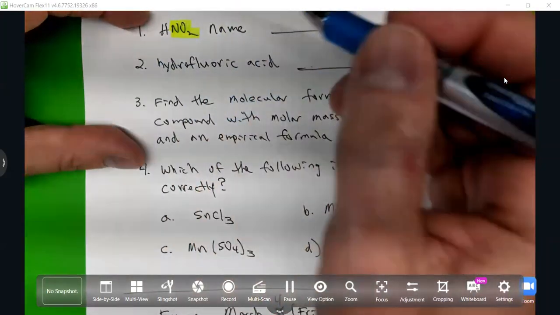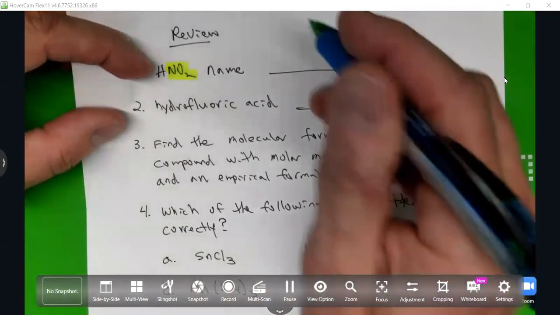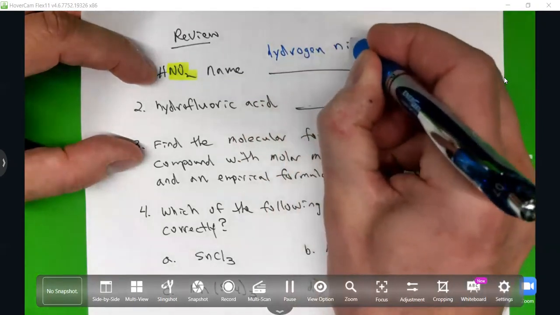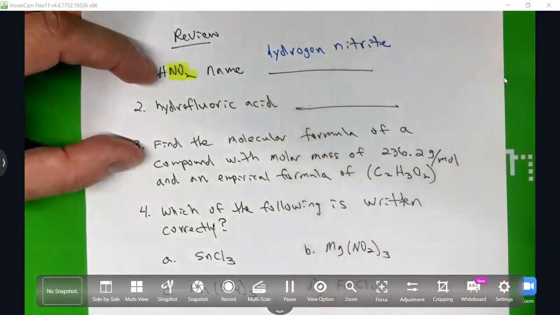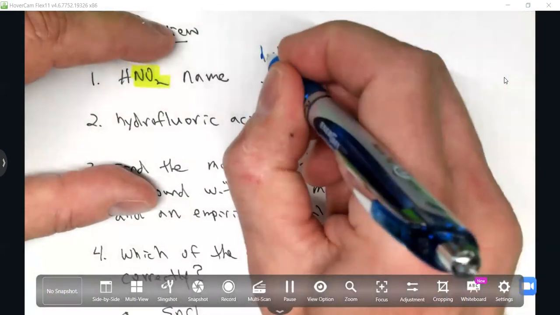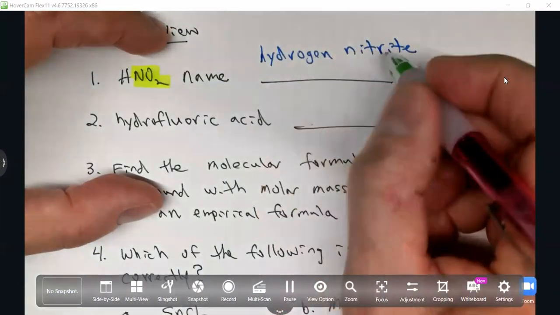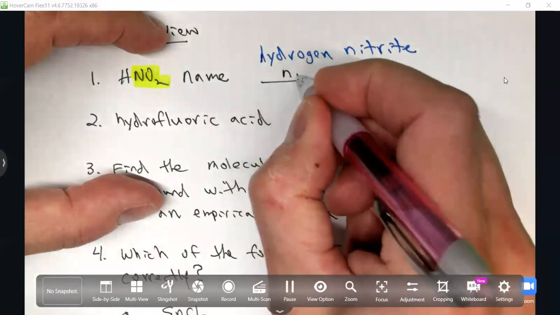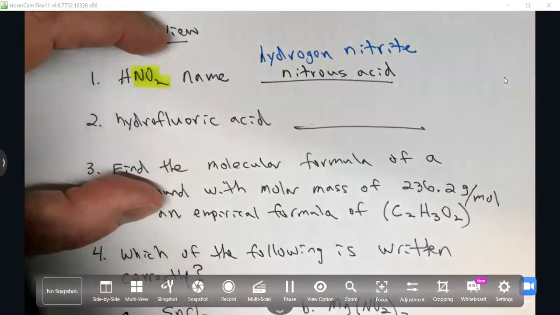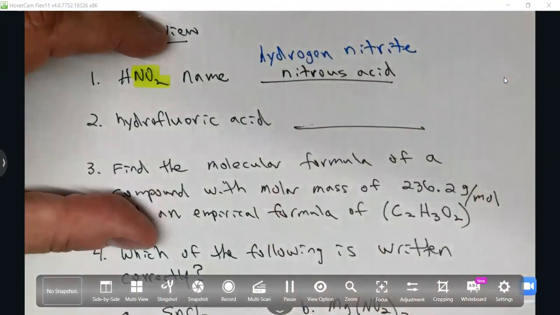I think OWL does a molecular name first, and the molecular name for this would be hydrogen nitrite. So it has a molecular name column and an acid name column. And the name out of this would be, like to us, nitrous acid. Again, you can skip ahead in OWL and do that.